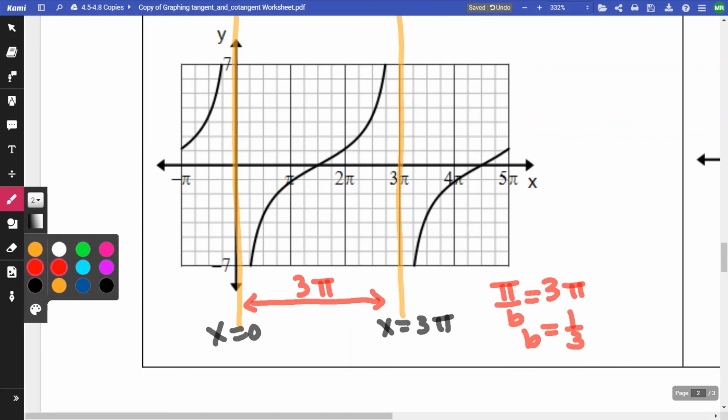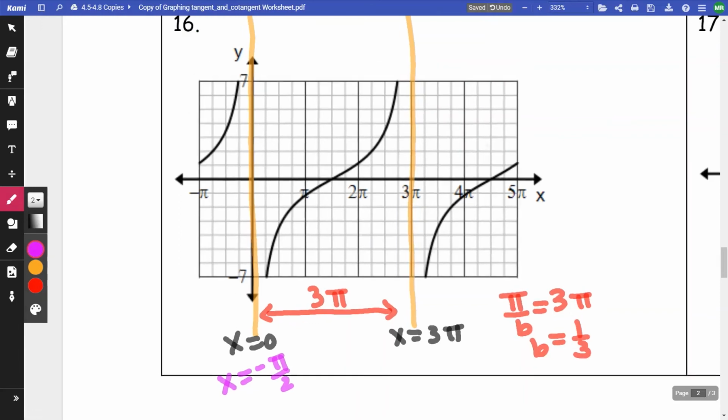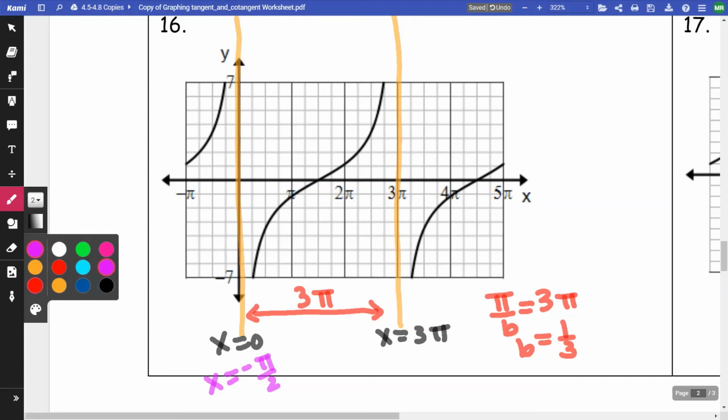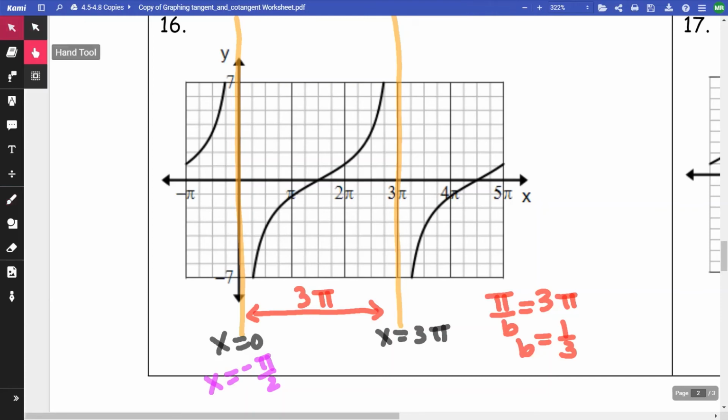Second thing I know is that when I'm doing a normal tangent, I normally should have it at a -pi halves, and it's not. So that means I'm going to have a shift, and I'll talk about that in a second. Now, when I'm looking at the graph, halfway in between these, so that's going to be right here, 1.5 or 3 pi halves.